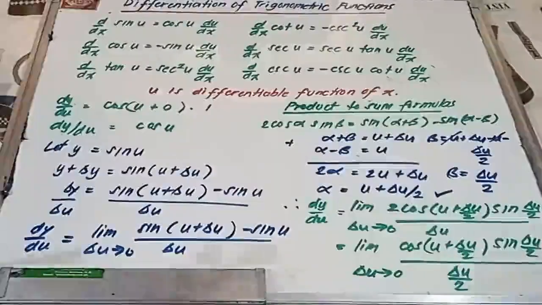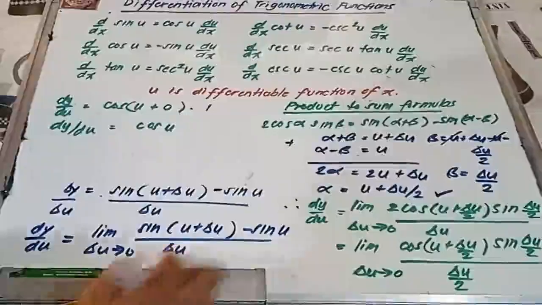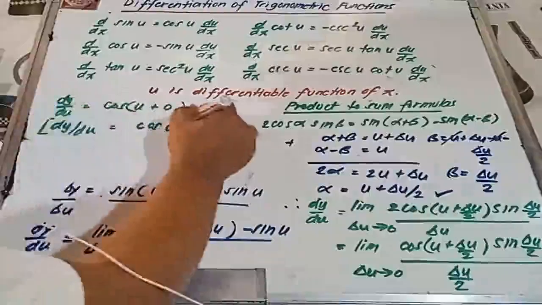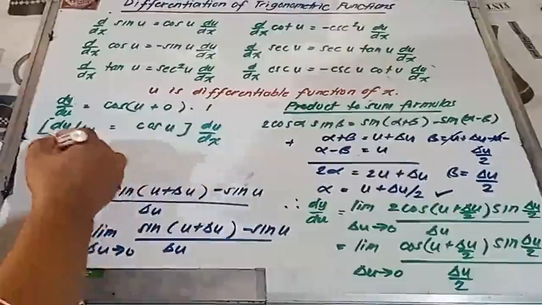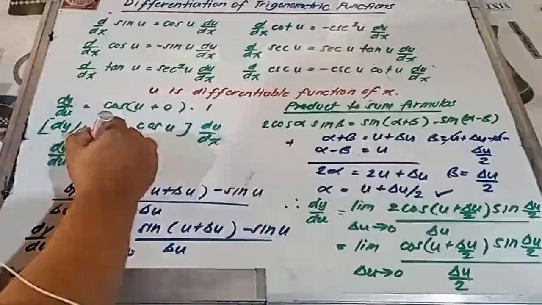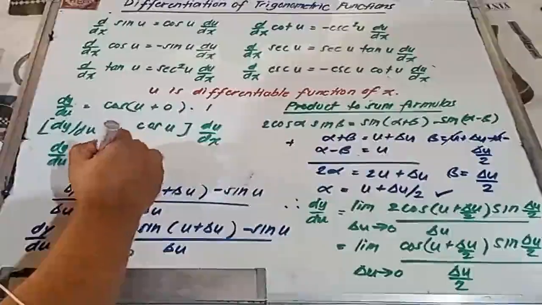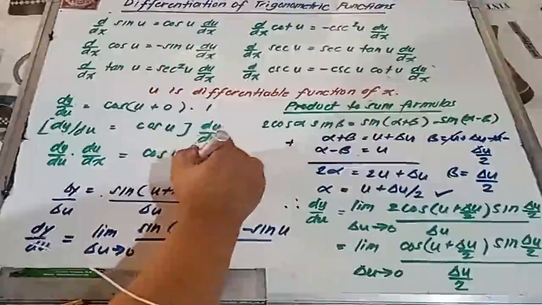And we all know that u is a differentiable function of x. So, we can multiply both sides by du over dx. Multiplying both sides of the equation by du over dx, we have dy over du times du over dx is equal to cosine u du over dx.